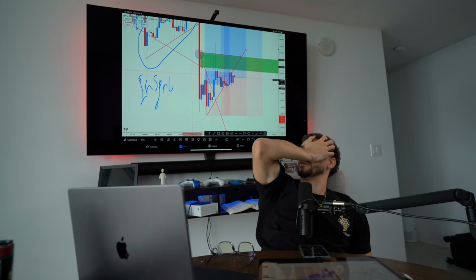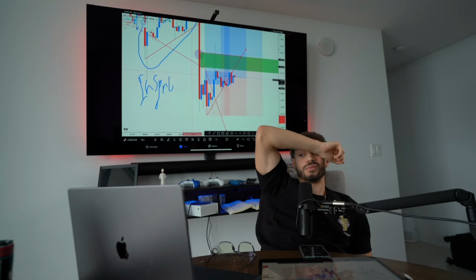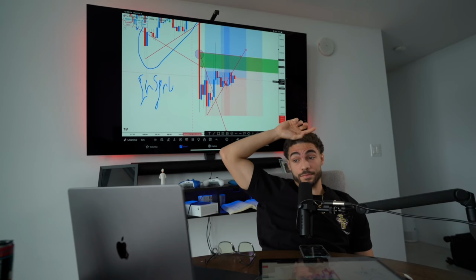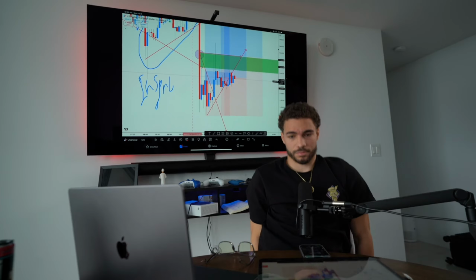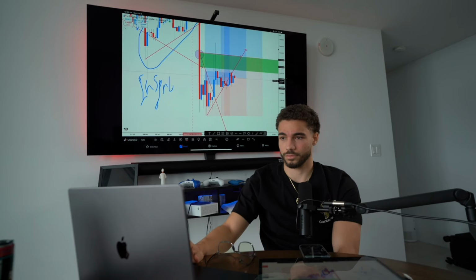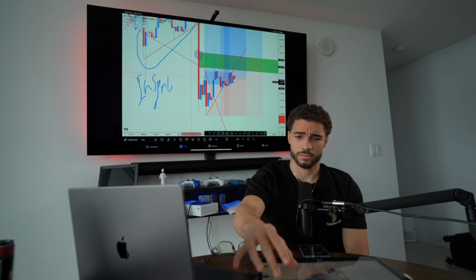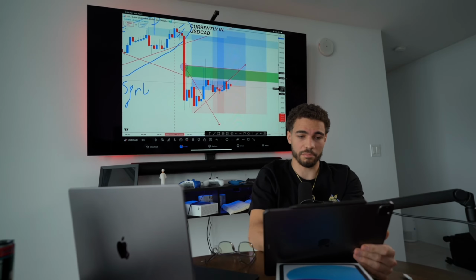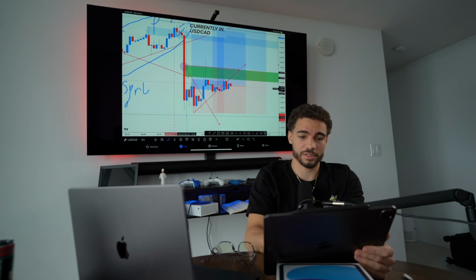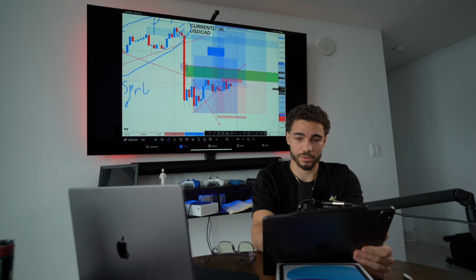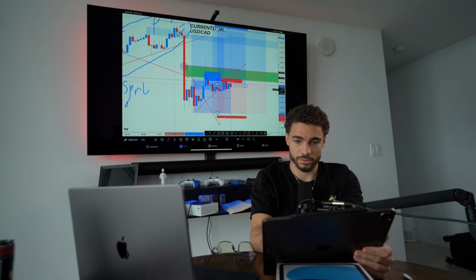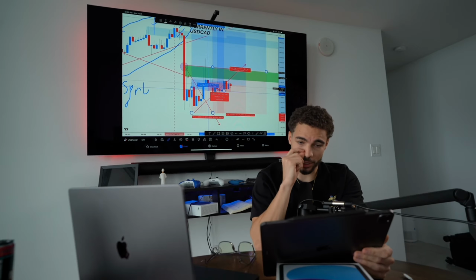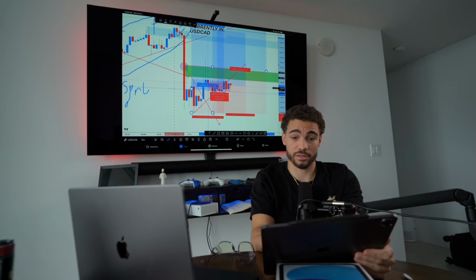I've been here 2 hours and 11 minutes, dog. How much slower could it go? Bro, it's just been stuck here. And that massive drop, and it's been stuck in this range for an hour 20. This extra tight range for the last 50 minutes.